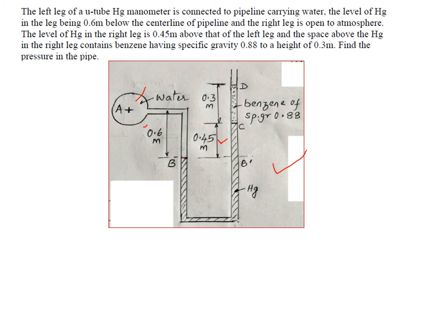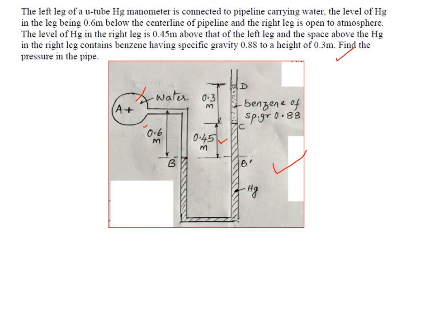This is the diagram that you are supposed to write. Depending upon this statement, we have to find the pressure at a point. This is known as a U-tube manometer, which is connected. Once we connect it, the water enters and displaces the mercury such that it is 0.6 meters below point A in the left limb. In the right limb, the mercury level is 0.45 above that of the left limb.